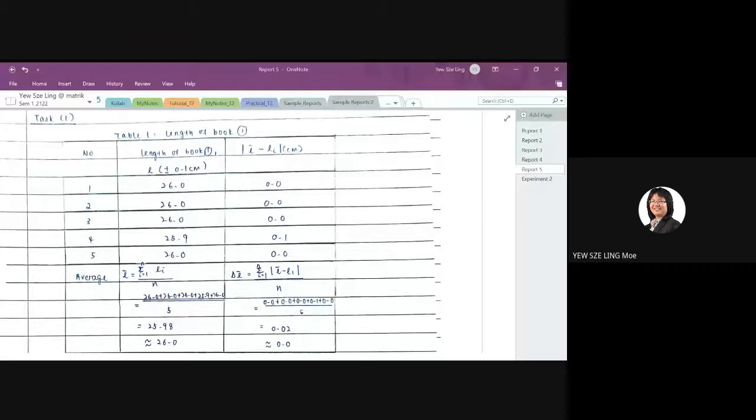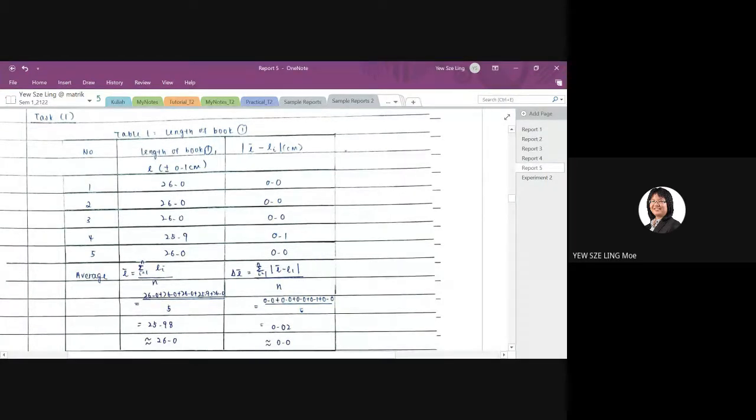Let's see who is the lucky winner. Next winner, Irfan? Is the table correct? I think it's correct. You think it's correct? Okay, so it is correct. First you look at the header. The header tells you the uncertainty is plus minus 0.1 and it comes with a unit. Average L minus Li is in terms of cm.